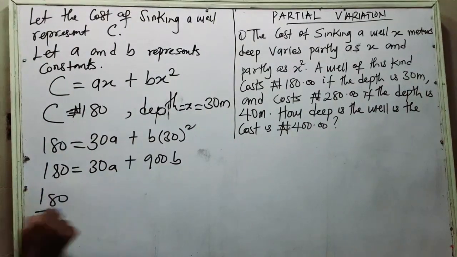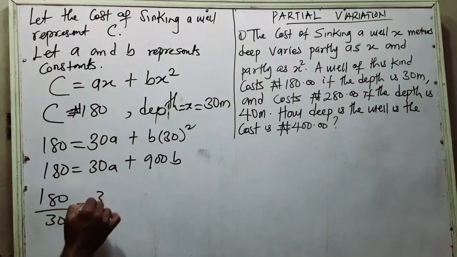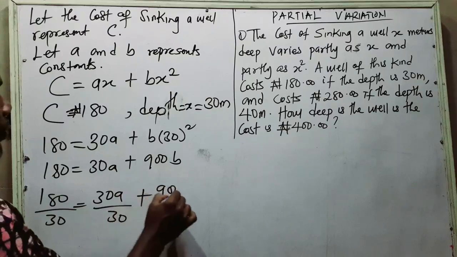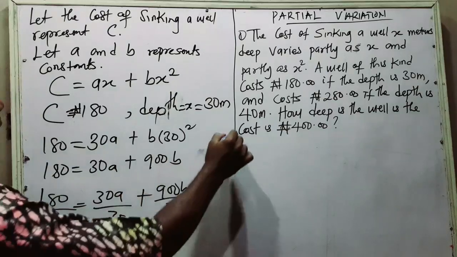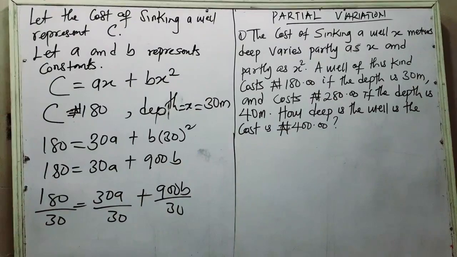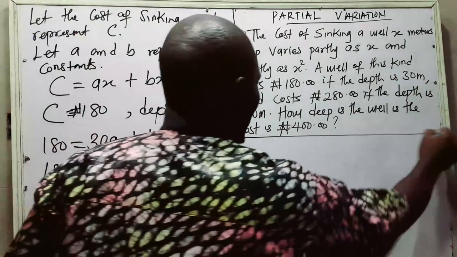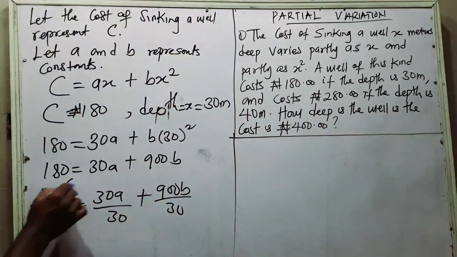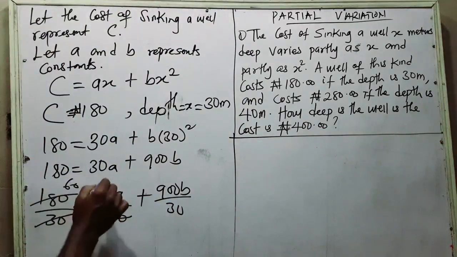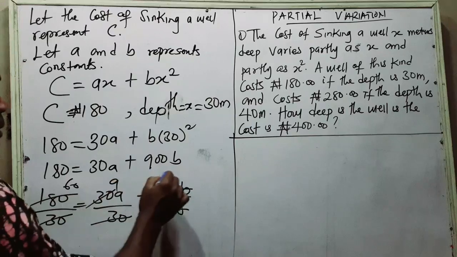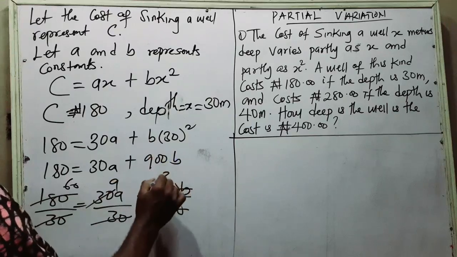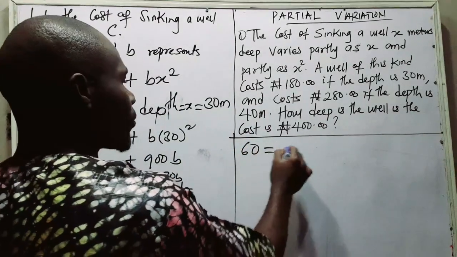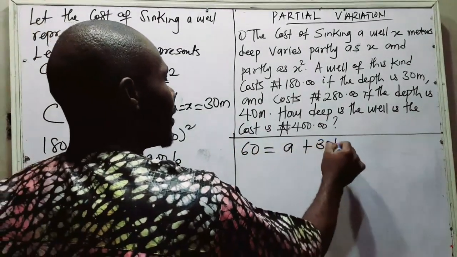We have 180 divided by 30 is equal to 30a over 30 plus 900b over 30. By the time this cancels this, we have 6 on the left, a, and 30b. So the equation gives us 6 is equal to a plus 30b. We have equation 1.